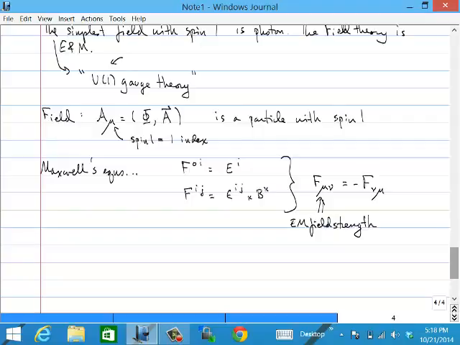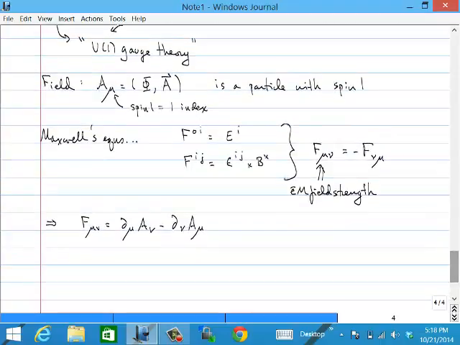Now, the electric and magnetic fields are given by the derivatives of the electromagnetic potential phi and the vector potential A. And so, correspondingly, one can write down an equation for the electromagnetic field strength as the first derivative of the electromagnetic potential A_μ.